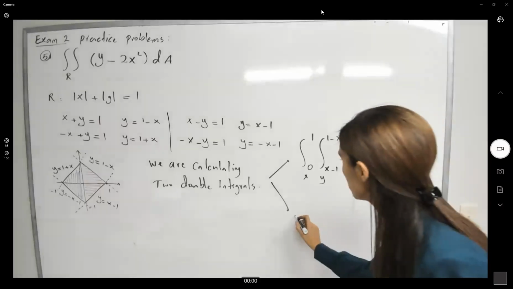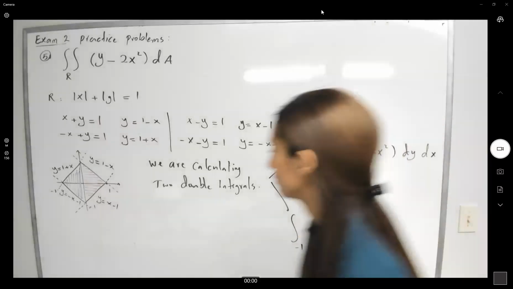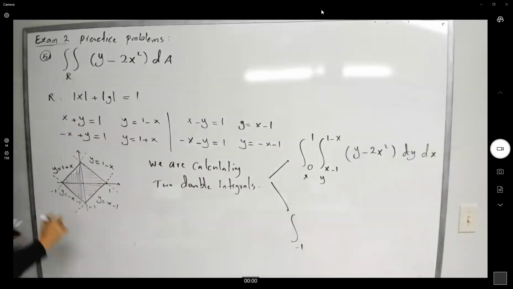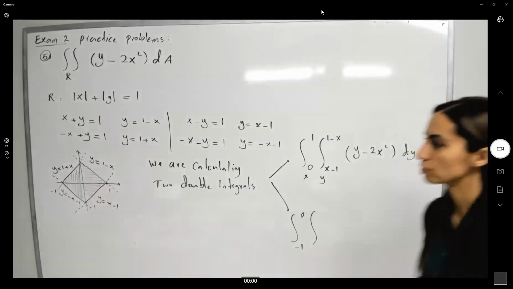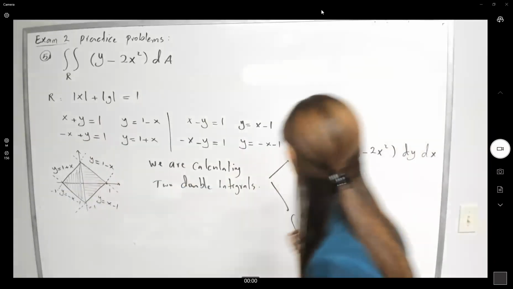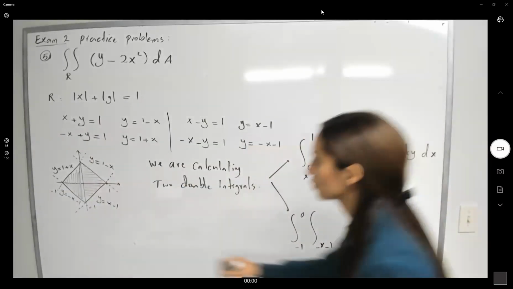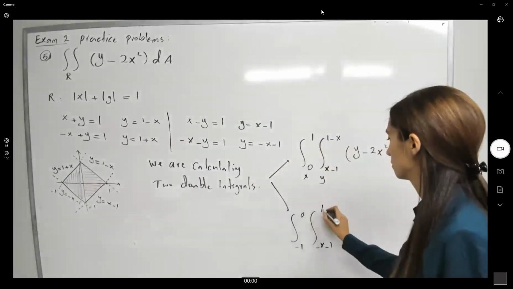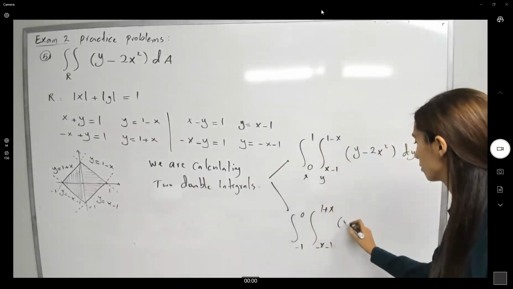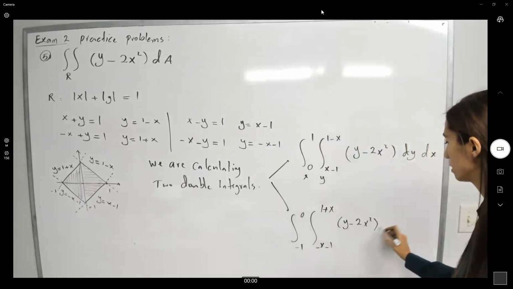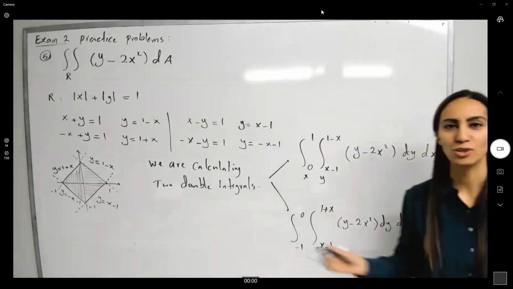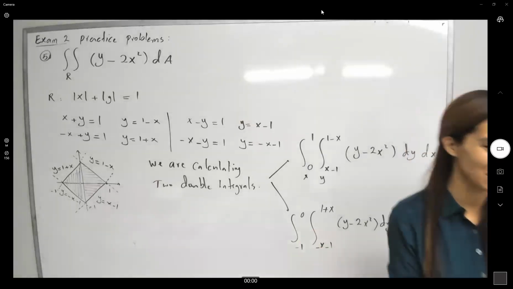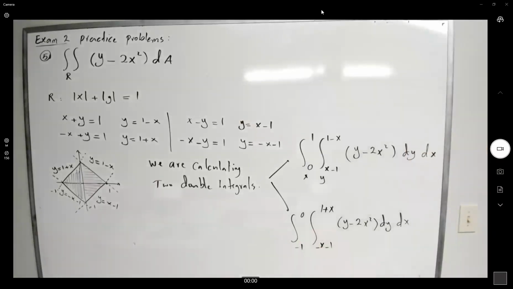And for the second double integral, my x is between -1 and 0, and my y is bounded between -x minus 1 and 1 plus x. And this is my ceiling that I have, y minus 2x squared, dy dx. After calculating these two, you're going to add them together.